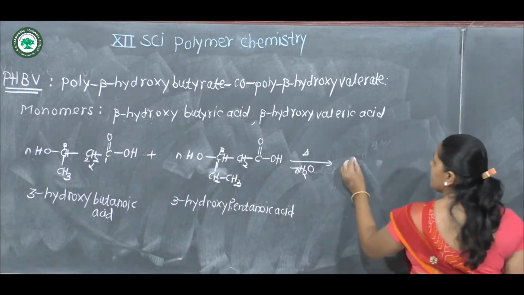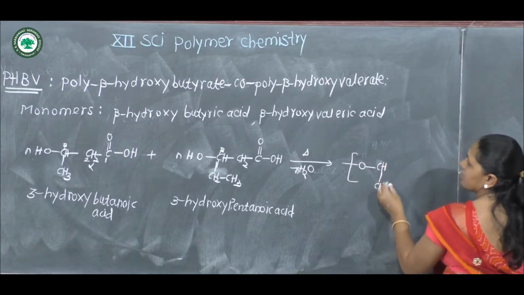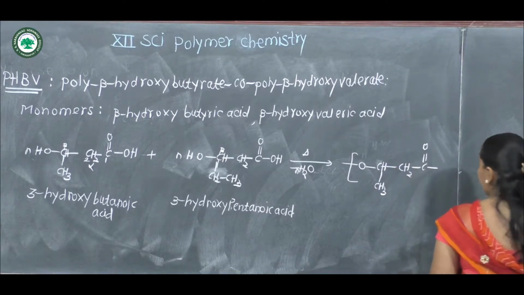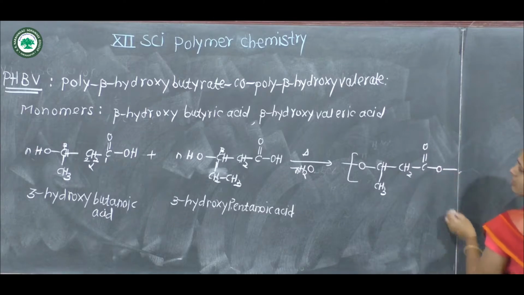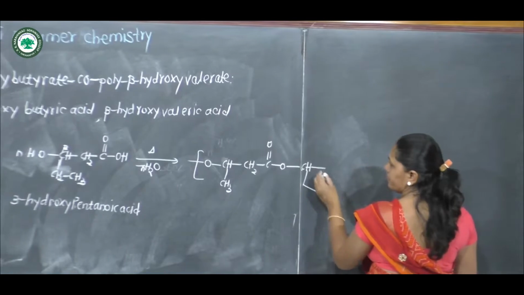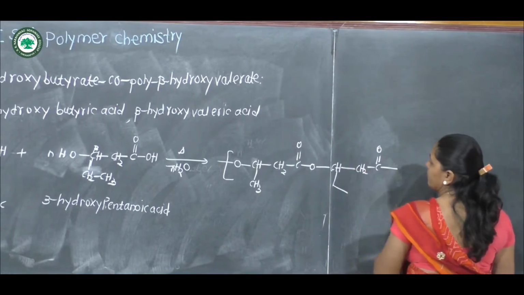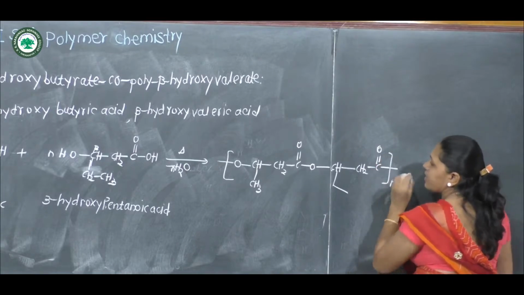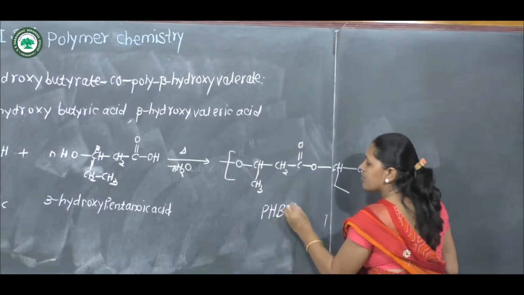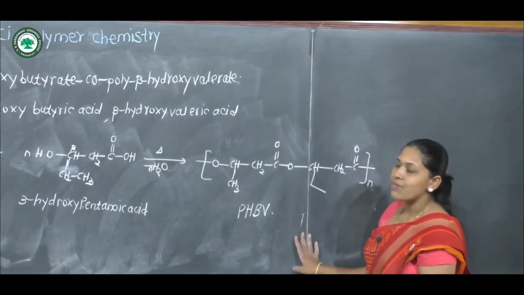Then the polymer is, n times, PHBV, poly beta hydroxybutyrate co poly beta hydroxyvalerate.